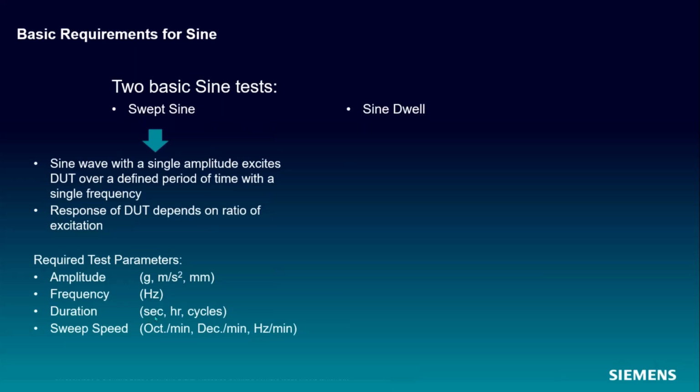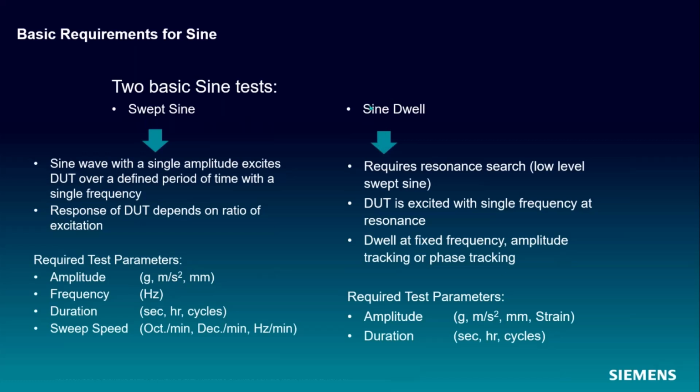Are we going to sweep for 30 seconds or a certain number of cycles? That duration has to be specified, and as a basic requirement of a specification, you also need to put in a sweep speed, i.e., how fast am I going to change my frequency? This can be in octaves per minute or in a linear sense in hertz per minute. Sine dwell, again, we're not going to talk about today, but that's basically a test where you run at a single frequency over a period of time or number of cycles.